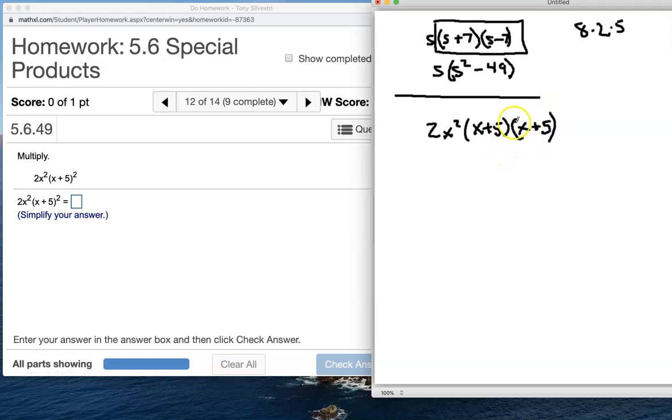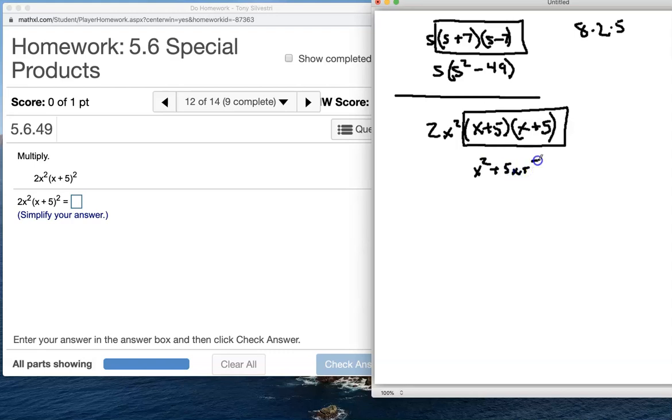And then you know what I'm going to do? It's the same principle. I got 2 times x squared times x plus 5 times x plus 5. We have 4 things that are being multiplied. The order of the multiplication doesn't really matter. So I'm going to take the worst part, do that first, and I'm going to do first, outer, inner, last. You're going to get x squared plus 5x for the outer.